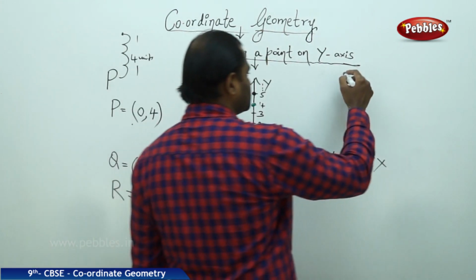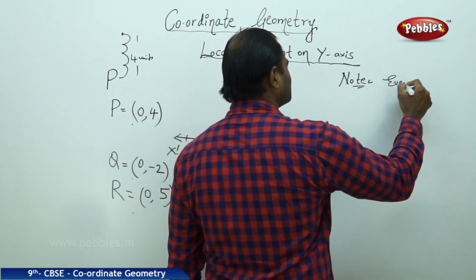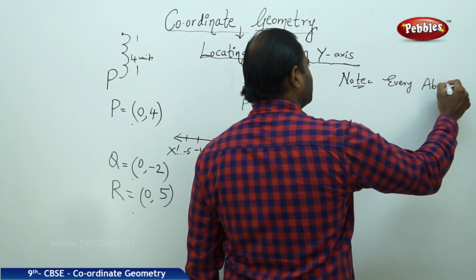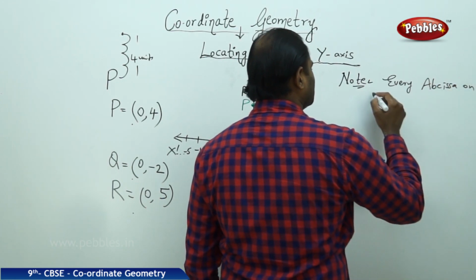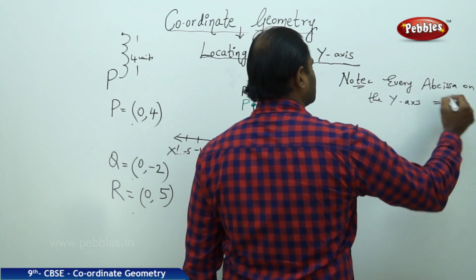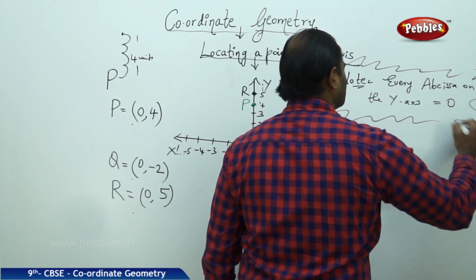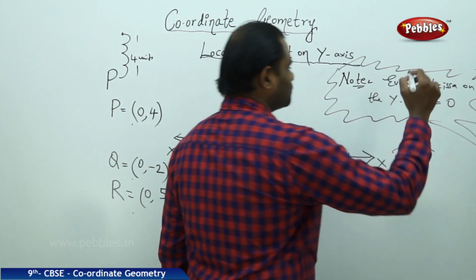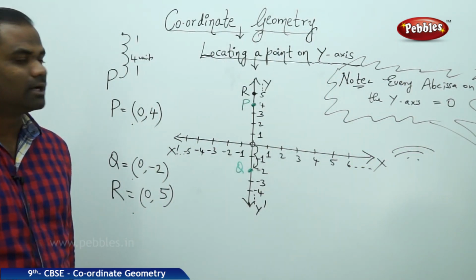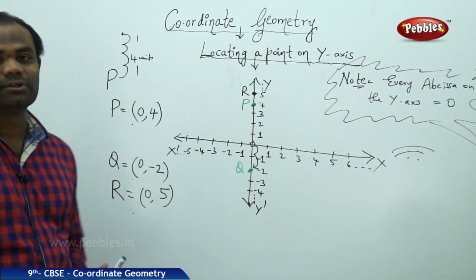So here I note: every abscissa on the y-axis is equal to 0. That is how I make the outcome. Every abscissa on the y-axis must be 0.